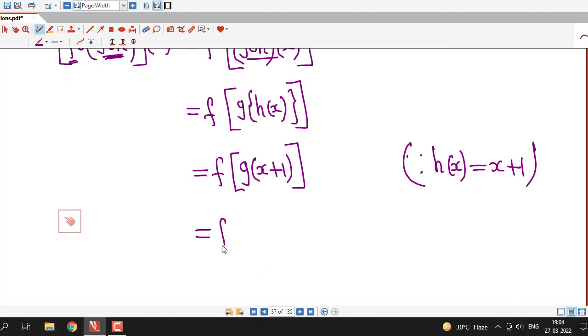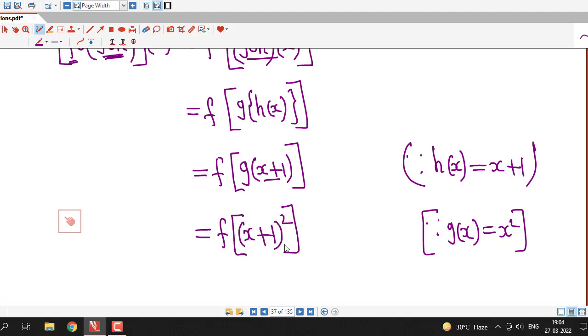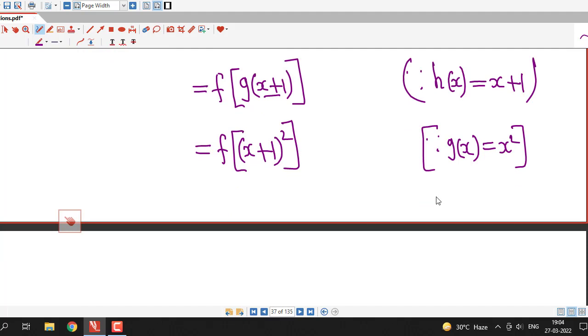Now we use the definition of g(x). g(x) is given by x square. So instead of x we have x plus 1. So here we write square of x plus 1. And finally we use the definition of f(x). f(x) is given by 2x. So here we write 2 times x plus 1 whole square.